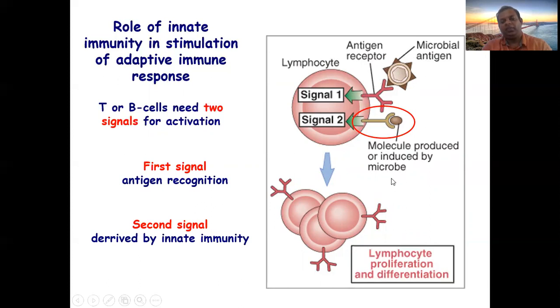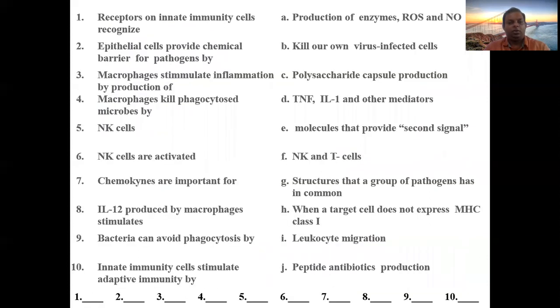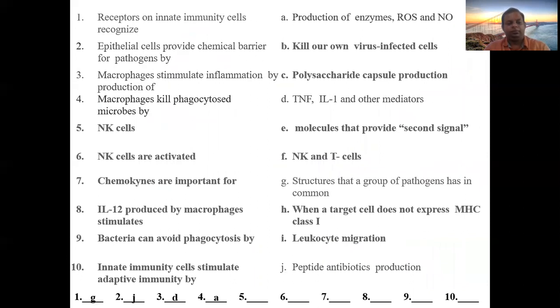At the same time, there is a signal from molecules produced or induced by microbes, from innate immunity, which is signal 2. So there are two signals. This leads to lymphocyte proliferation and differentiation in adaptive immunity. That's how it goes. You can see the answers here. Thank you.